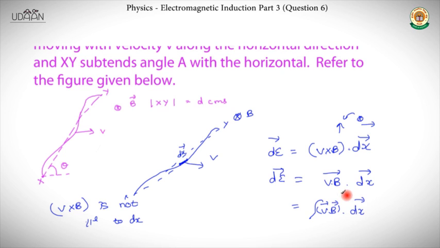This v cross b is a vector pointing upwards, and dx is varying completely. So v and b are constants, and I am going to take this out of the integral, but the dot product remains the same.